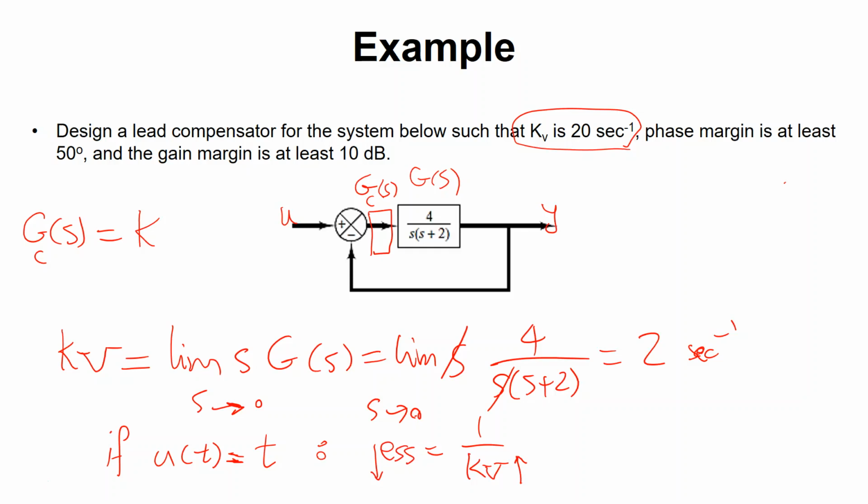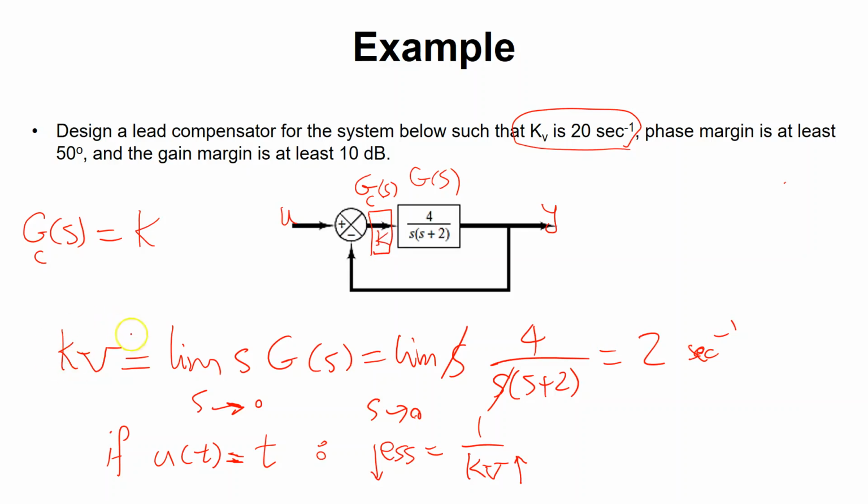And so, as I said in the beginning, what I have is 2 units. So how can I force this to go up to 20 units? Well, as I said, I add a compensator, which is only a simple gain first. If I do that, what's the difference?